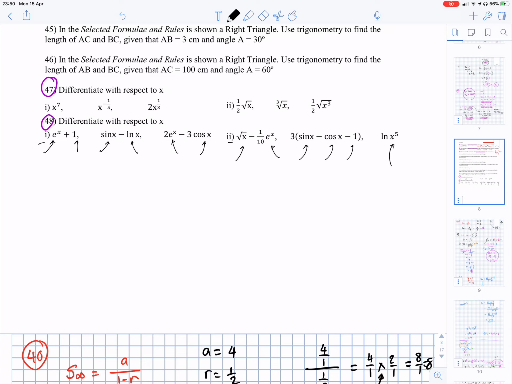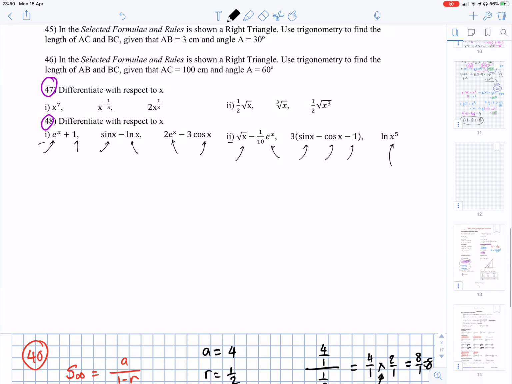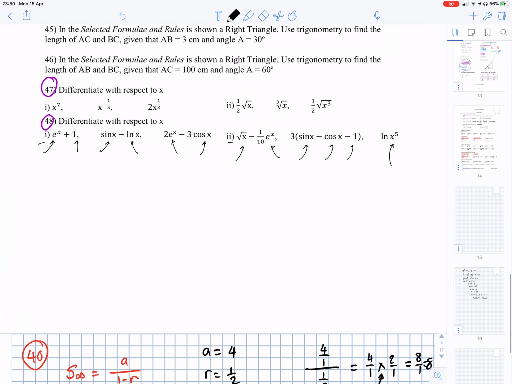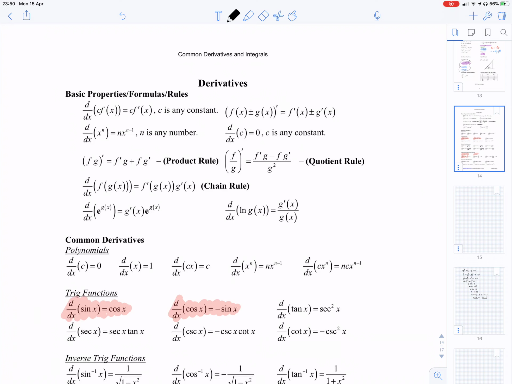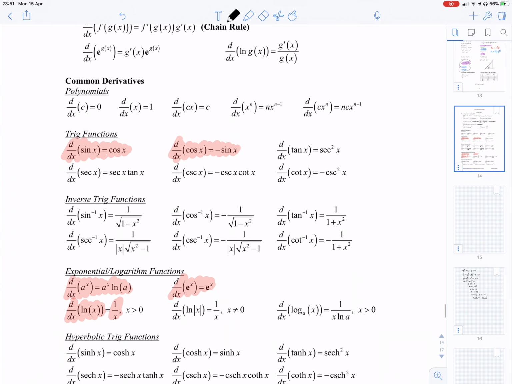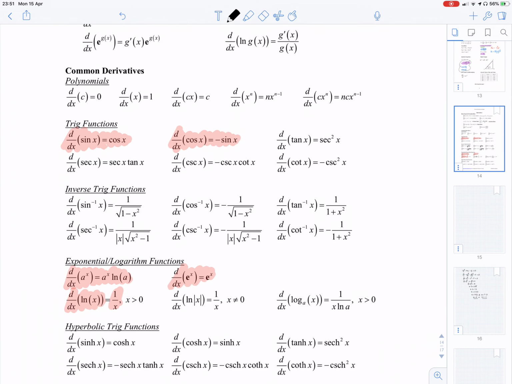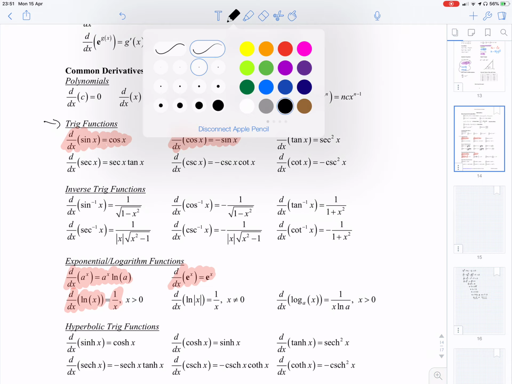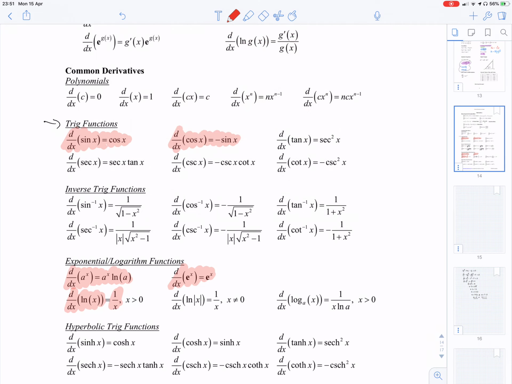Okay, so I want to show you some of the common derivatives. For example, the derivative for trig functions such as cos x. The derivative of cos x is minus sine x.